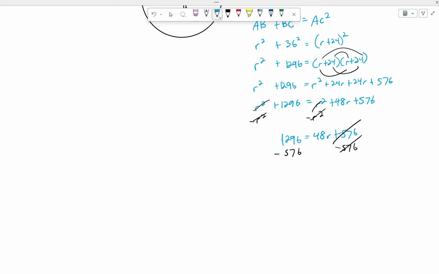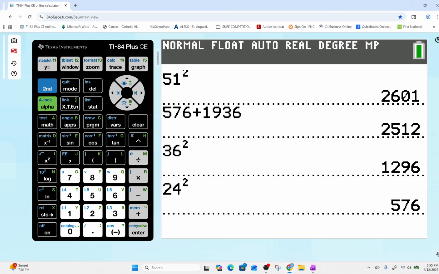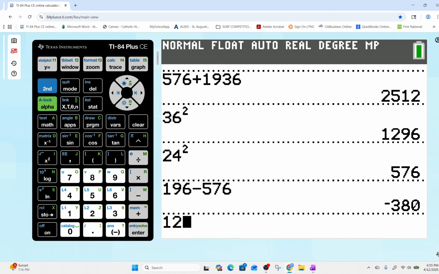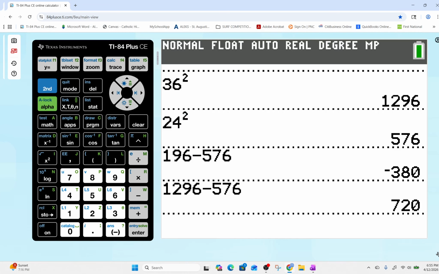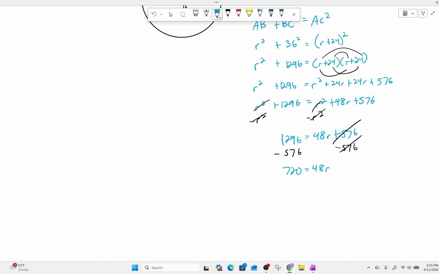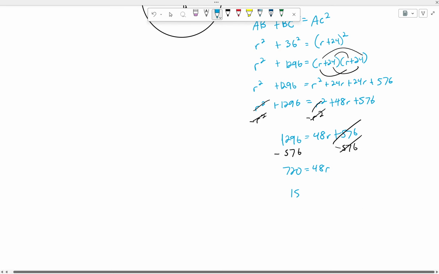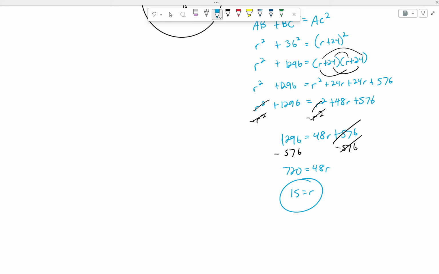It's going to cancel on the right. 1296 minus 576 is 720. And then, of course, I'm going to take 720, divide by 48. That's going to be 15 is my radius. All right. Awesome.